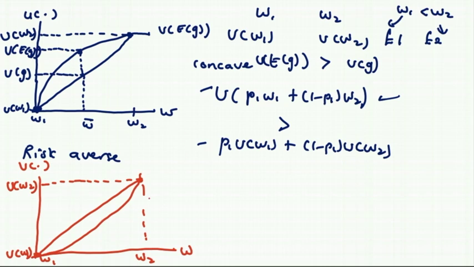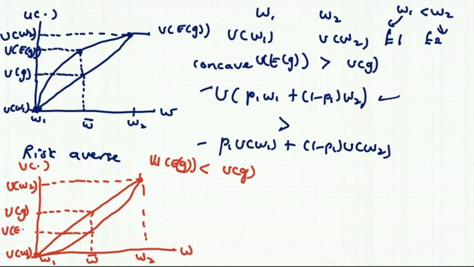But you can see that EG is below UG for this case. Let's take one point here, W bar, the average between W1 and W2. This one is UG, and this one is UEG.